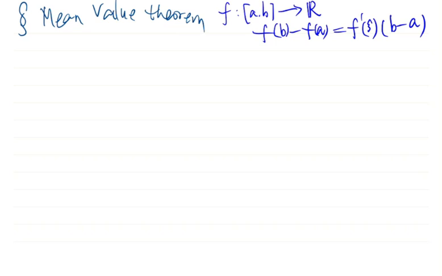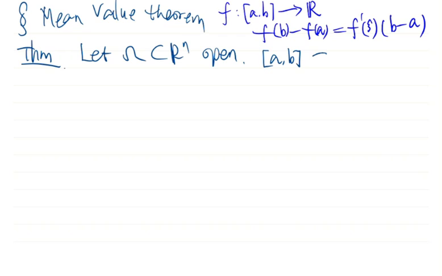So the result is the theorem here. Omega is an open subset of Rn, and the segment is contained in omega, and f is a differentiable function in omega.